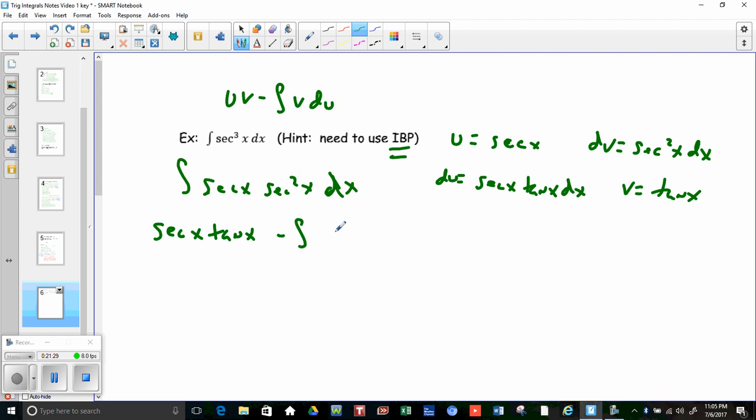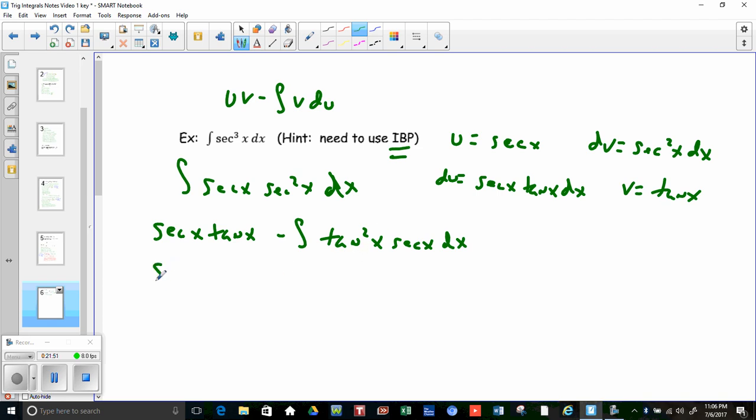So that's going to give us tangent squared x secant x dx. You might ask yourself, why did I not leave that separated? Well, now because we have this even power of tangent, we can put that into terms of secant squared.